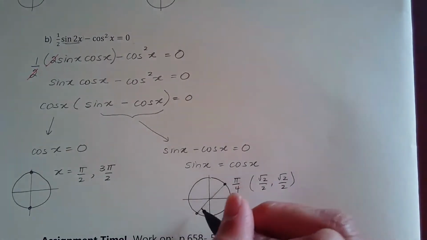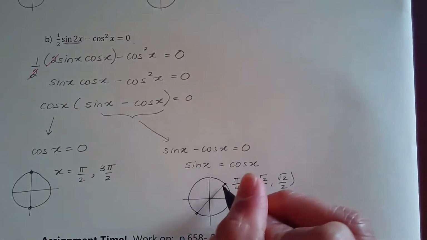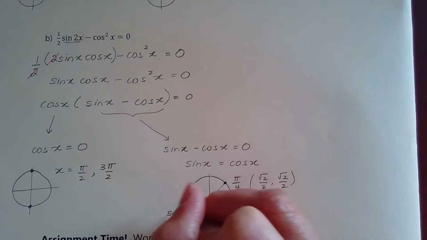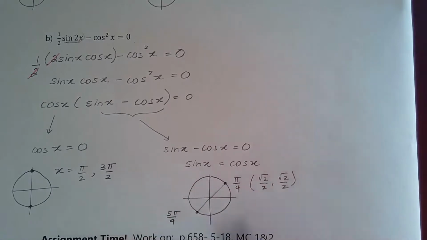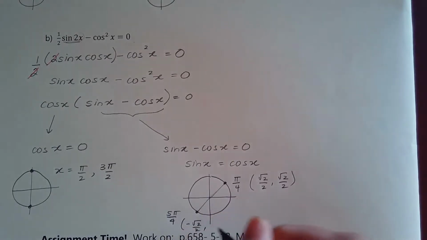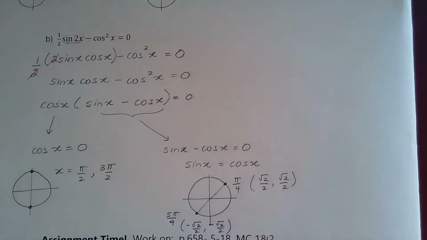So we can say that's also at 5 pi over 4. At 5 pi over 4, this point is negative root 2 over 2 and negative root 2 over 2, which are equal to each other.